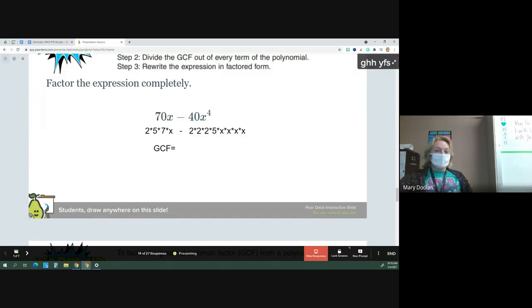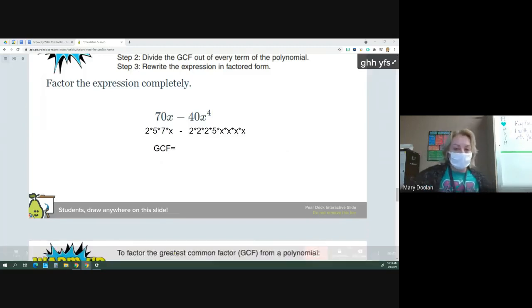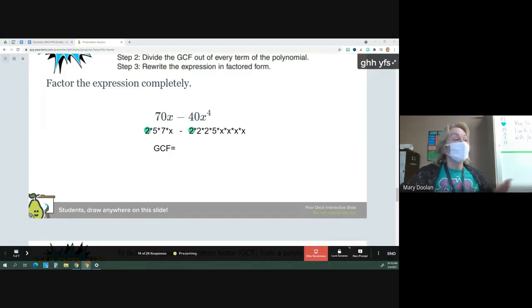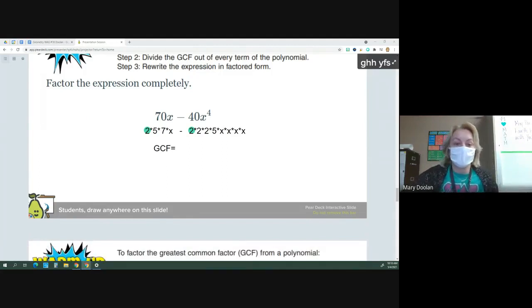If you do this and then you go back through and you use a highlighter or you circle, if you're doing this on paper or a whiteboard is fine. I know it's a little bit tough on the Pear Deck, but if I go through right now and just look for what's the same between them, well, there's a 2 here and a 2 here. All right, so that's a common factor, but I'm not at the greatest common factor yet because there's also a 5 and a 5.